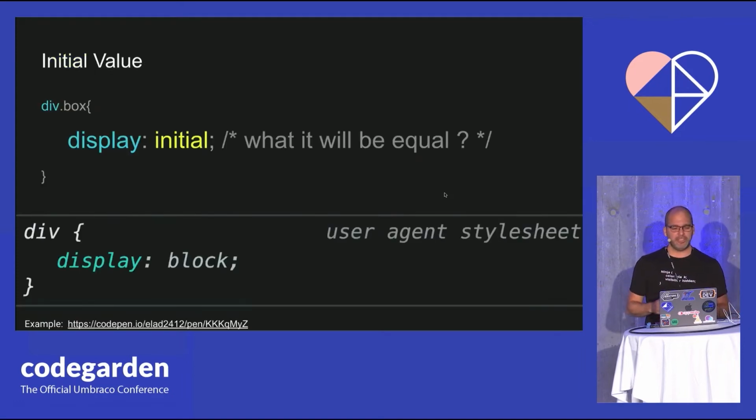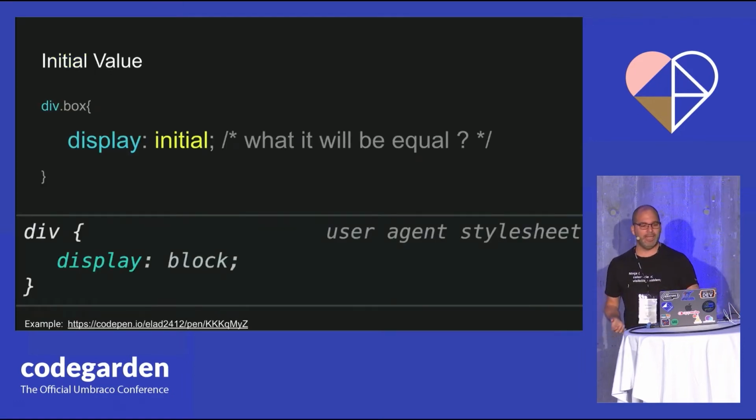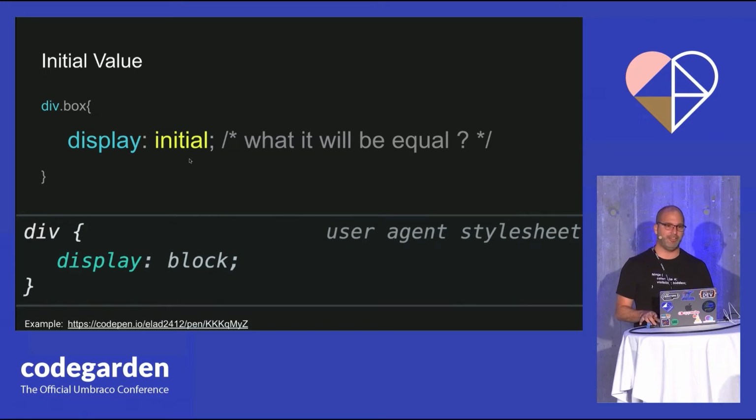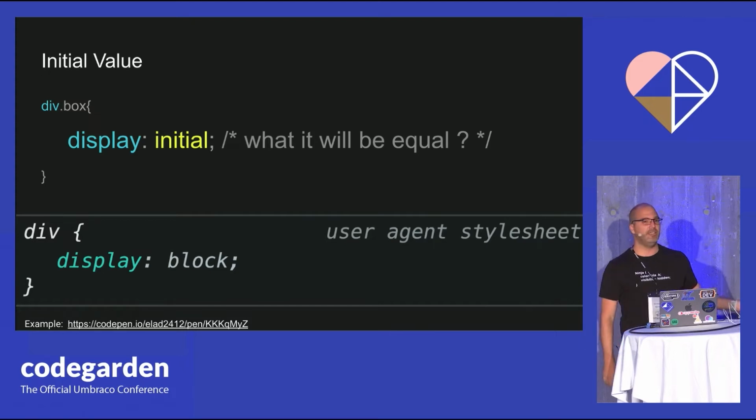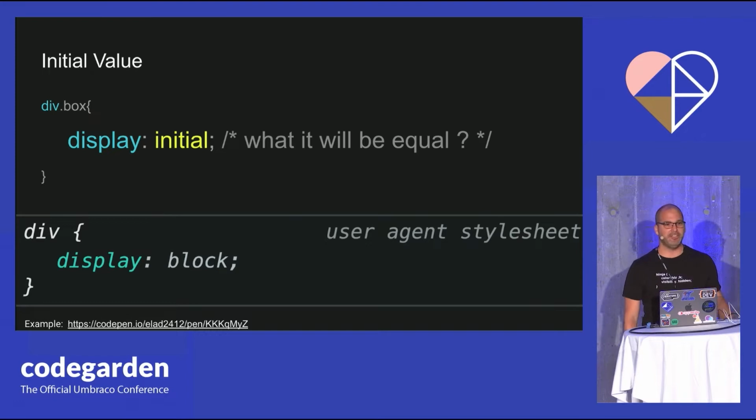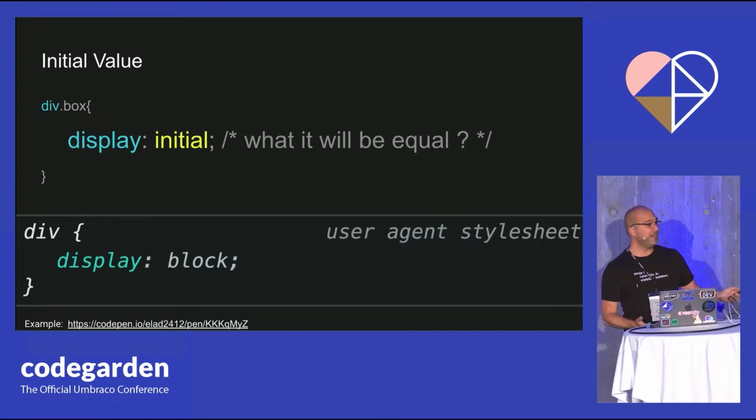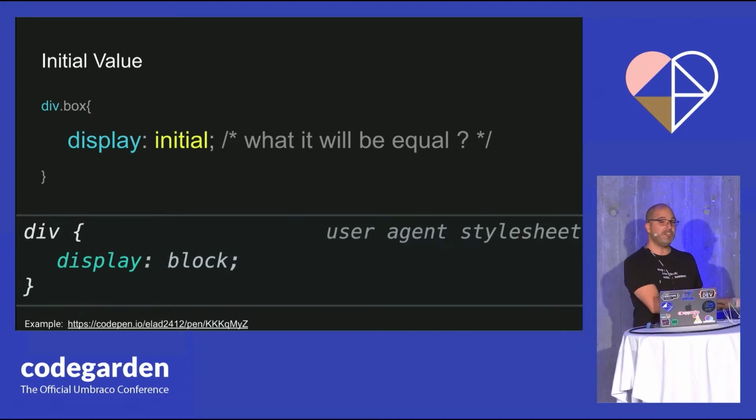But the question that I want to ask you now is, what will happen if you use the initial value on the display property on a div element? And maybe you think that you know the answer, because I already told you that a div, by default, has the display property with a value of block that is coming from the user agent style sheet. And maybe you think that in this case, the initial value will be block.